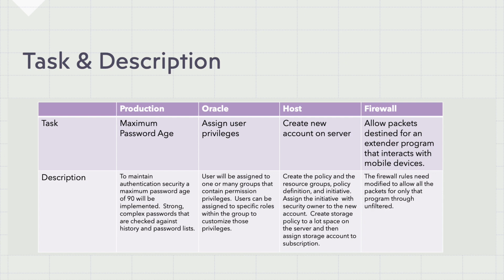You can customize the privileges more by including roles within the group, to say the admin has a slightly different set of rules than, say, the clerk or somebody else. You can customize them even more. Assigning user privileges is about least privilege: you want to make sure you don't give people access to stuff that they don't need to have access to.